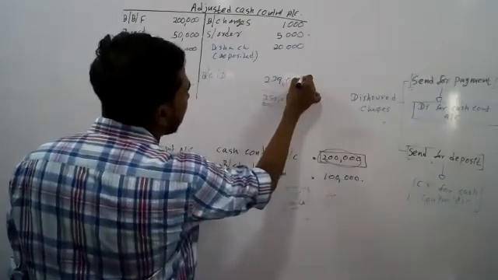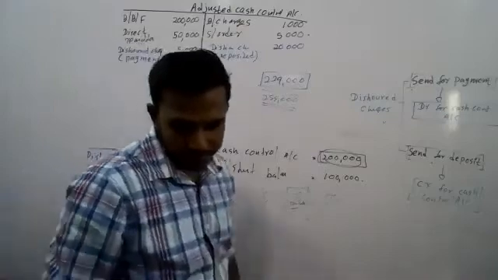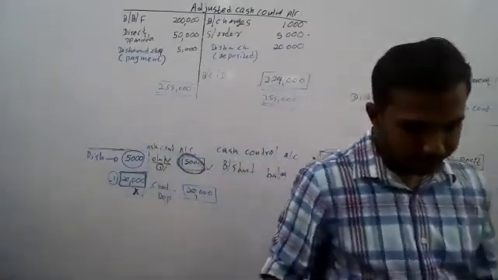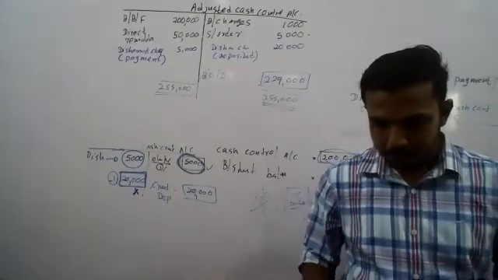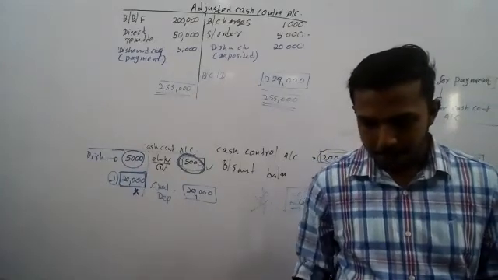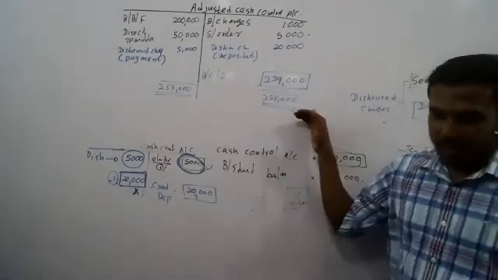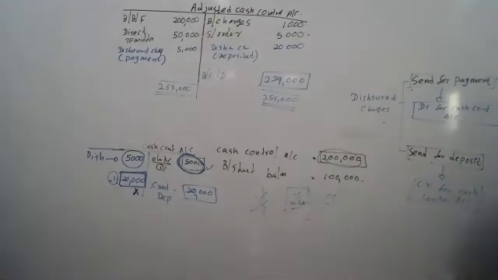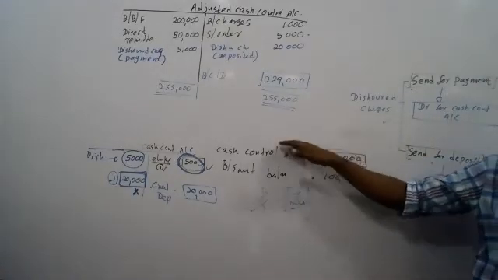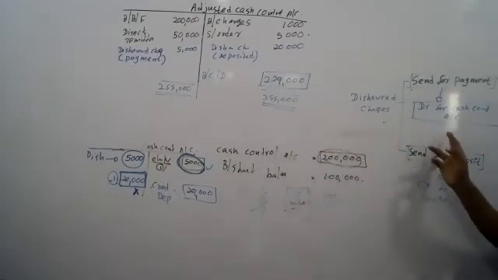This is 229, right? 229,000. I will give you 2 minutes. Take down this as well as this. I need some space here to continue, so keep some space to continue this. Take down this for somewhere else.